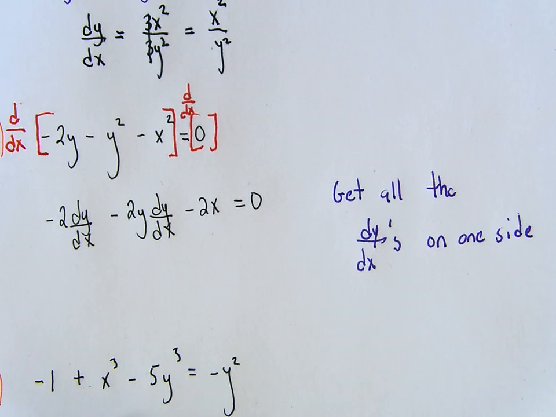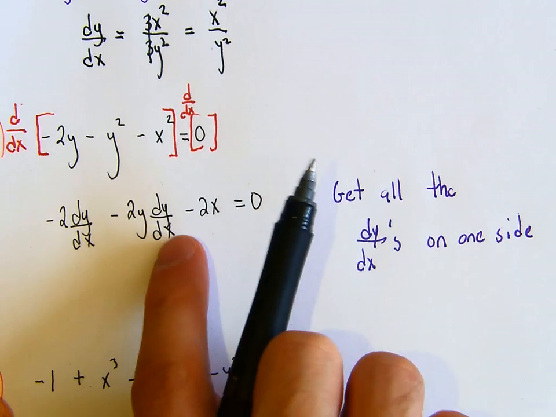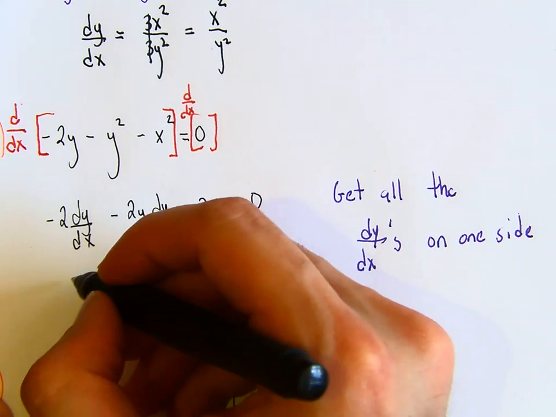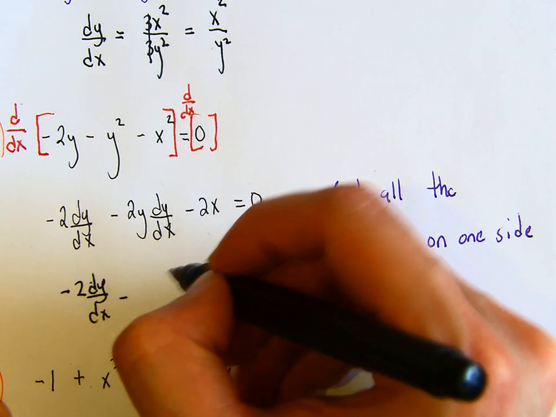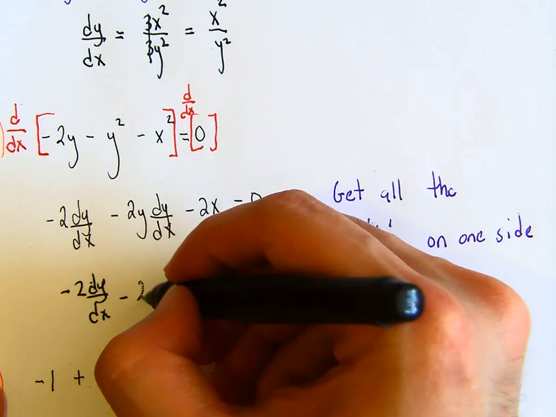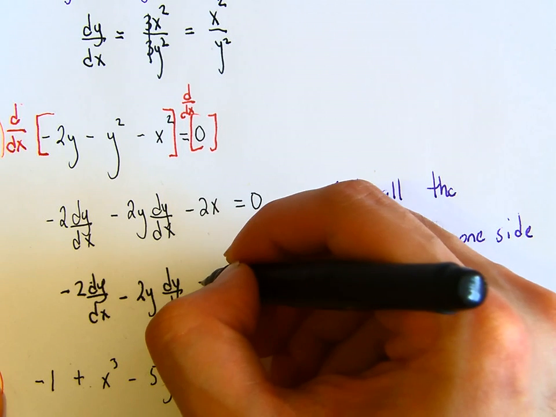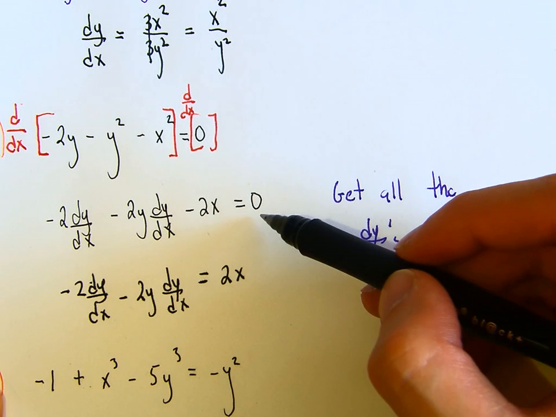Because we want to factor out a dy/dx. So the idea is, notice, are all the dy/dx's on one side? Yes, but now let's just move this over here. So we have negative 2 dy/dx minus 2y dy/dx equals positive 2x. We just moved this negative 2x to this side.